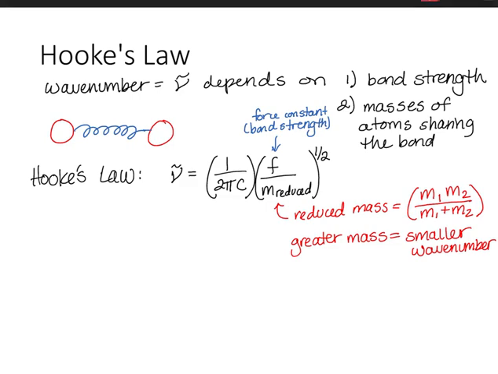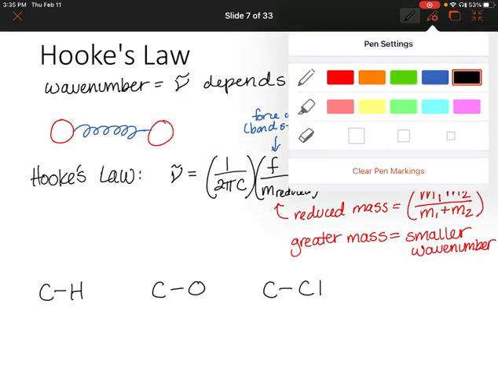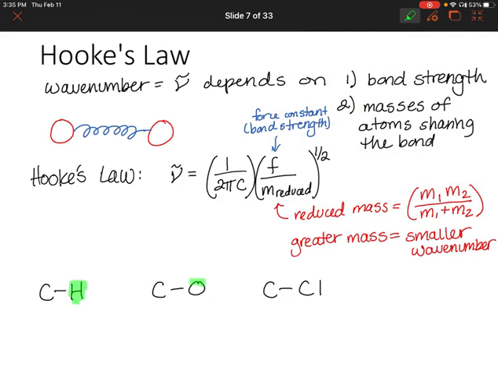All right, so let's just compare a few bonds. So let's look at a carbon-hydrogen bond, a carbon-oxygen bond, and a carbon-chlorine bond. So the mass of the second atom is increasing as we go across, and the wave number is going to decrease.